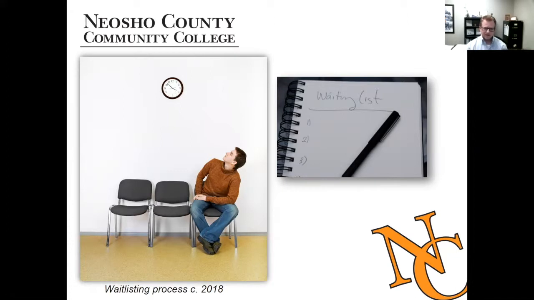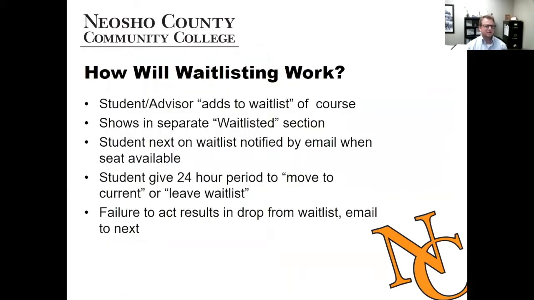Today we're going to go over some of the testing that we've done and how we anticipate that will work. In the past, it's been a very manual process. If we have had students interested in a waiting list, it's a matter of explaining to them how to monitor the course search and openings for seats themselves and who to contact when that seat is available. So this is a more automated process, thankfully, and we'll go over that step by step here.